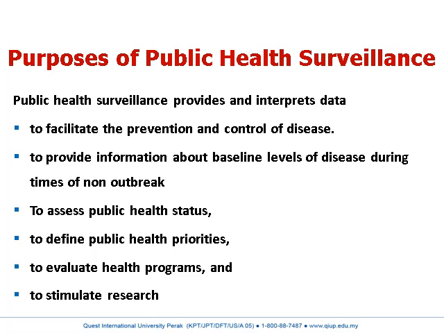Public health surveillance provides and interprets data. This data is used to facilitate the prevention and control of disease. That's the first one. Then this data provides information about baseline levels of disease during times of non-outbreak.